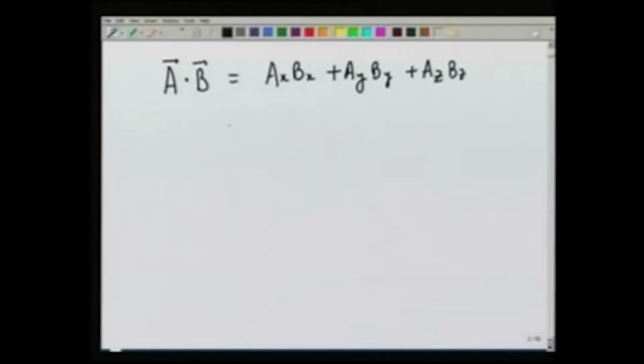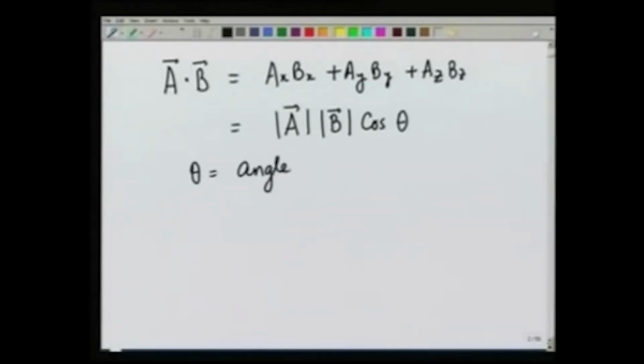This can also be written as magnitude of a times magnitude of b times cosine of theta, where theta is the angle between a and b, and theta is the smaller of the angle. So, theta is less than 180 degrees.